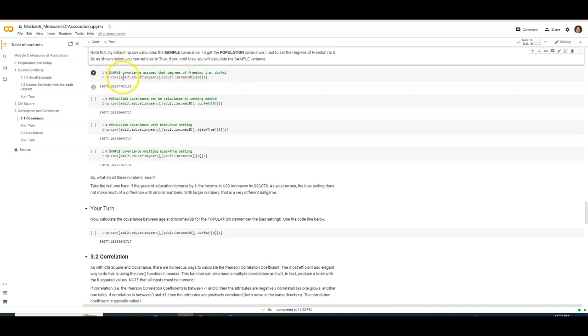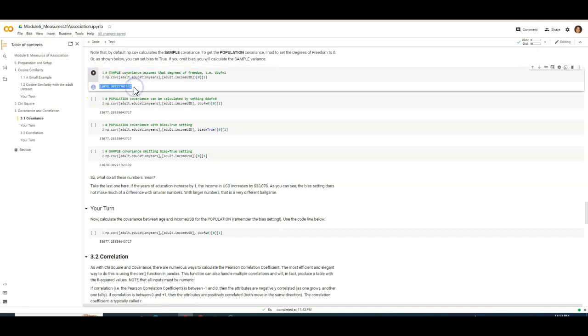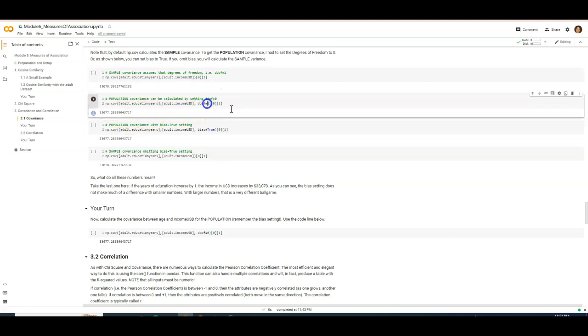np.cov, and then we have the adult education years as an array and the adult income USD, and then we have the 0 and then the 1 here, and that gives us 33078. Great. Okay, and the population covariance can be calculated by setting the degrees of freedom to 0 here. There you go.